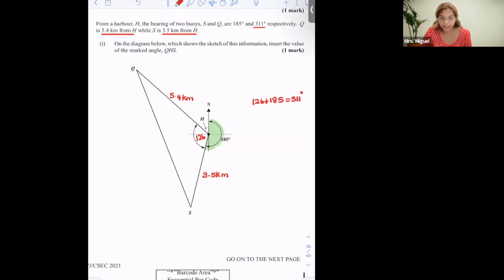If you put 311, you wouldn't be able to get the question correct. So if you put that, change it. Remember that we have to subtract, like the other question that we just did. We had to subtract the angle.